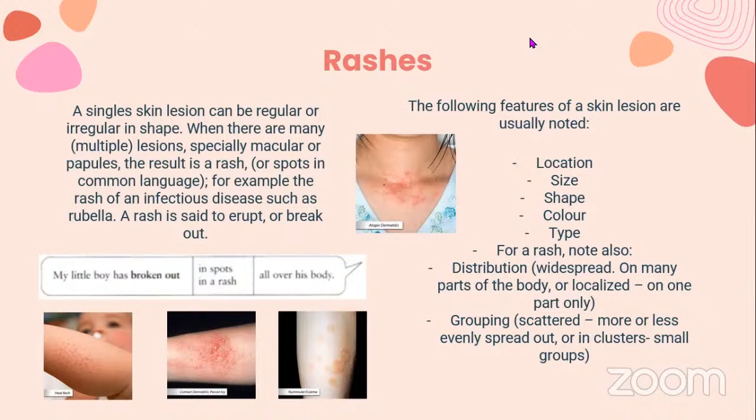The following features of a skin lesion are usually noted: location, size, shape, color, type. For a rash, note also distribution, if it spreads over many parts of the body or is localized on one part only. Or maybe grouping: scattered, more or less evenly spread out, or in clusters that are small groups.